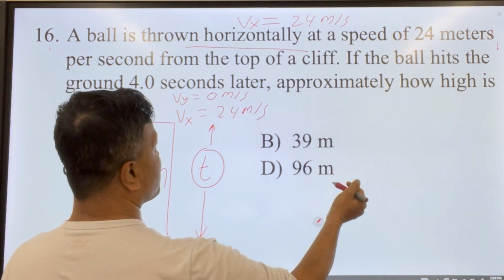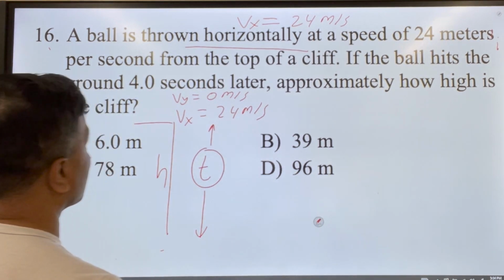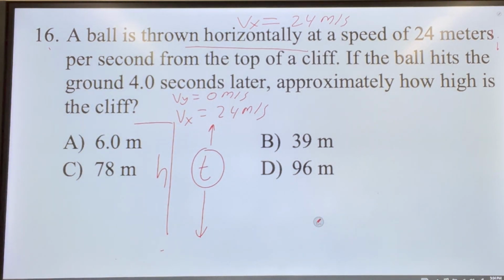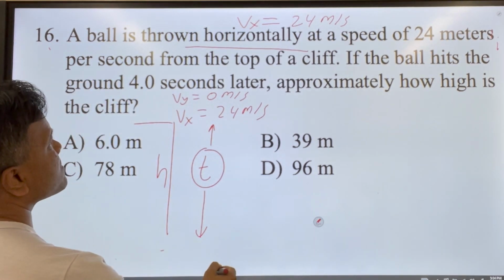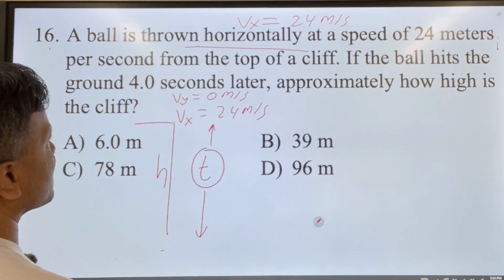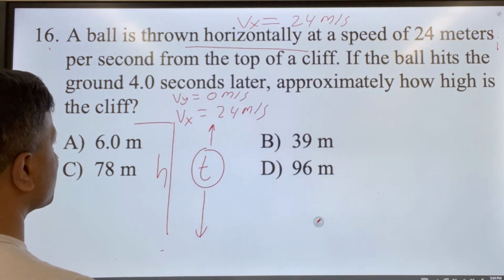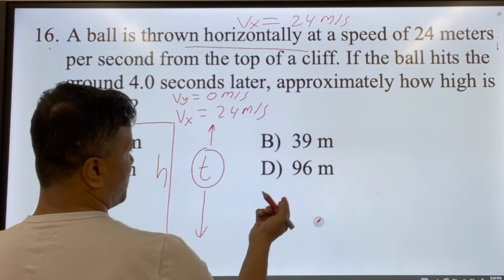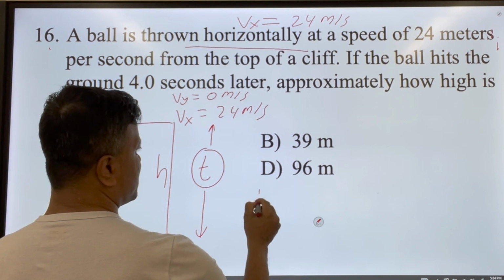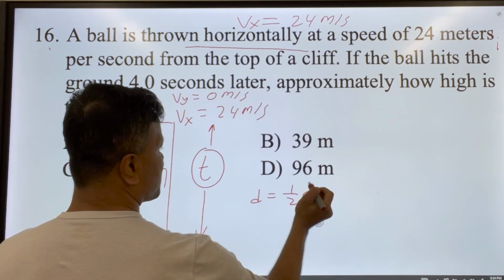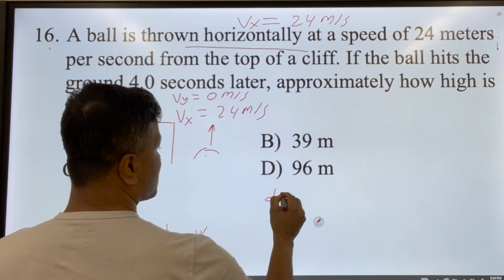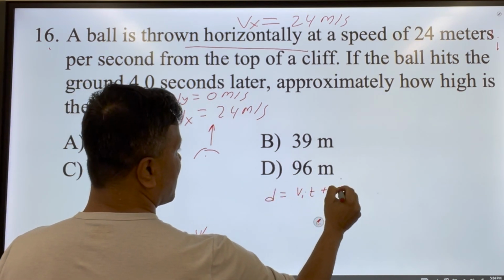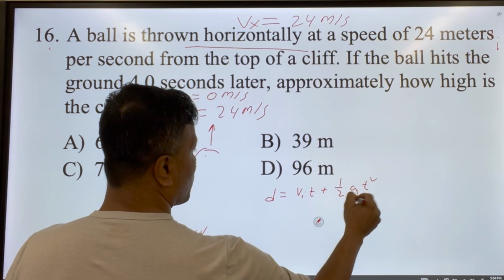Okay, so what does that mean? We want to find, if the ball hits the ground 4 seconds later, approximately how high the cliff is. So we want to find how high the cliff is. We kind of know it, but d is equal to Vy t plus half a t squared, in the y direction.